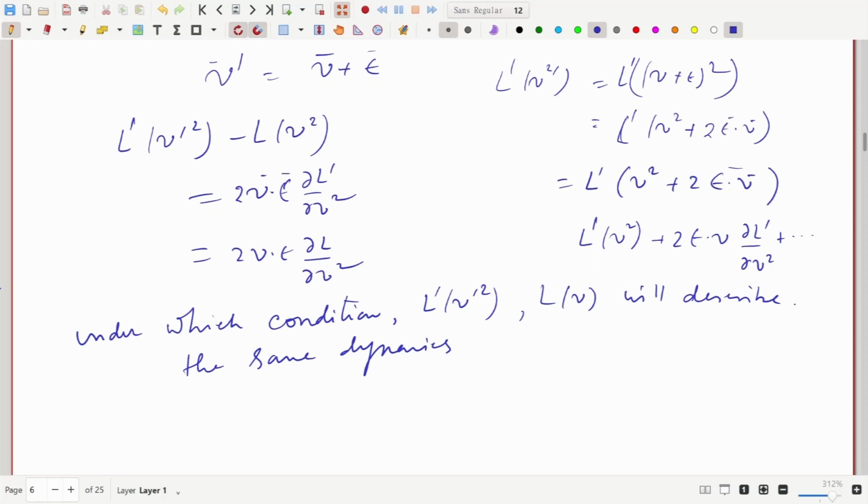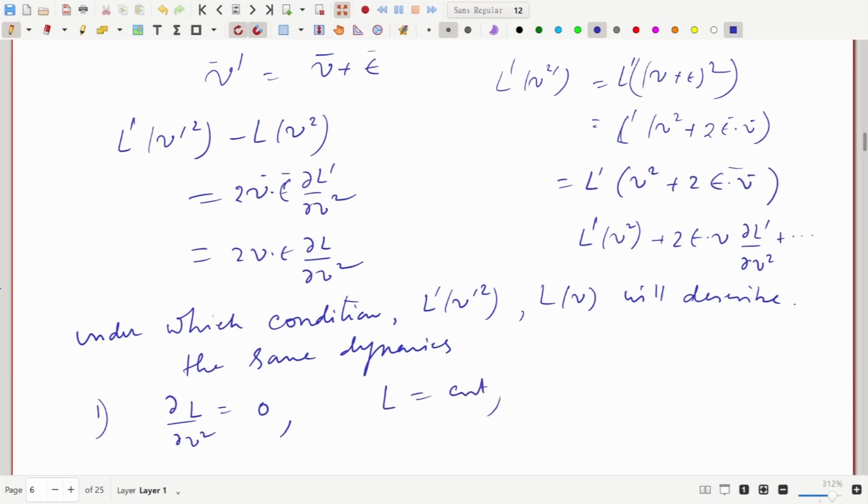So first, suppose I find L is constant, or suppose ∂L/∂v² is 0. Suppose we consider this solution, that ∂L/∂v² is 0, which means L is constant.